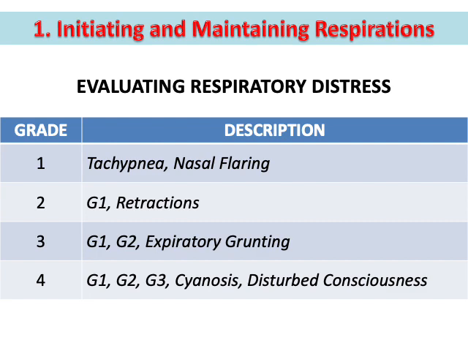It's a sign that there is difficulty breathing because there's already a narrowed airway. Grade 4 respiratory distress is grade 1, grade 2, and grade 3 descriptions plus cyanosis, which is bluish discoloration of the skin. It means there is already profound hypoxia, plus disturbed consciousness.